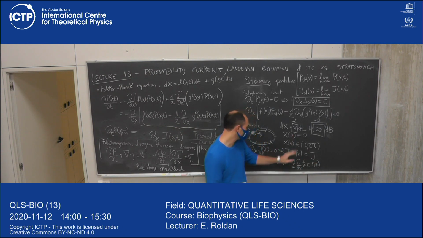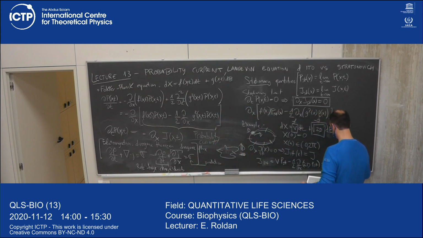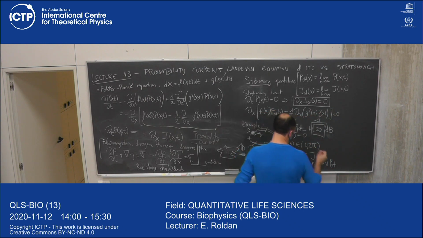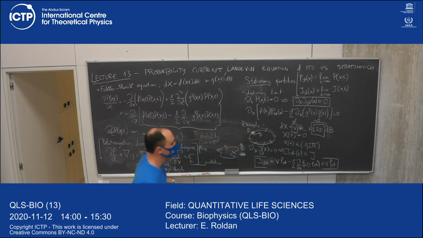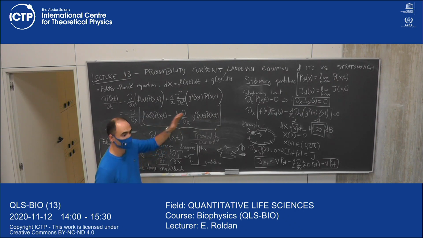So this would go, and you just get V times P stationary. So you see, in this case, the stationary current is what you expect, V times P. But in general, it will be more complicated. The noise will have a contribution.